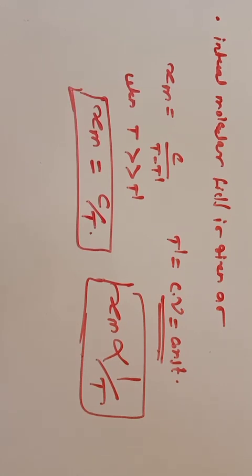They are inversely related, meaning as temperature increases, the magnetic susceptibility decreases, and as temperature decreases, the magnetic susceptibility increases.